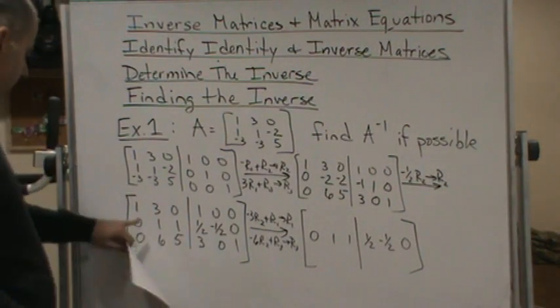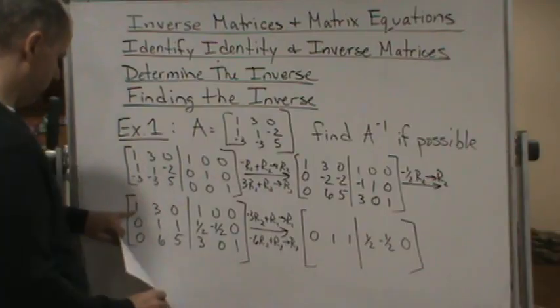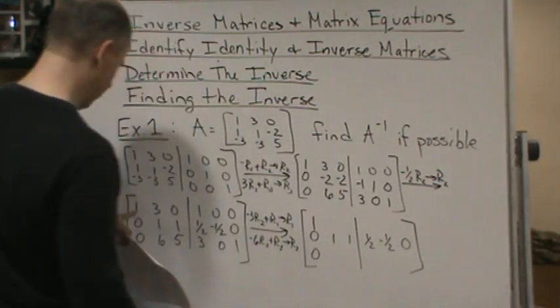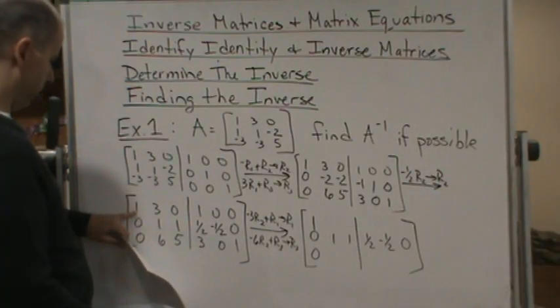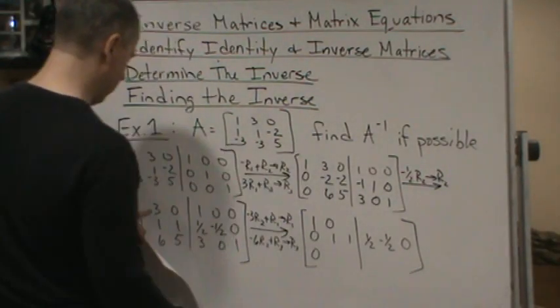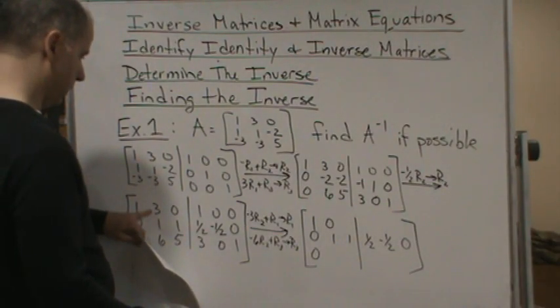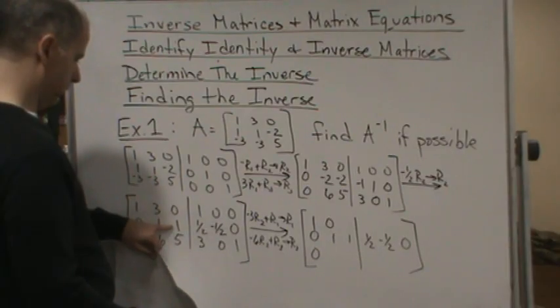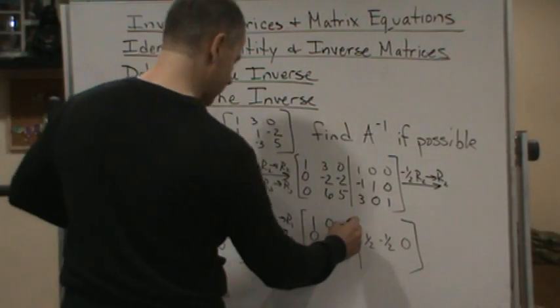Now the first column is going to stay the same, right? So the first row is going to go 1, 0, and then -3, right? -3 plus 0 is -3.